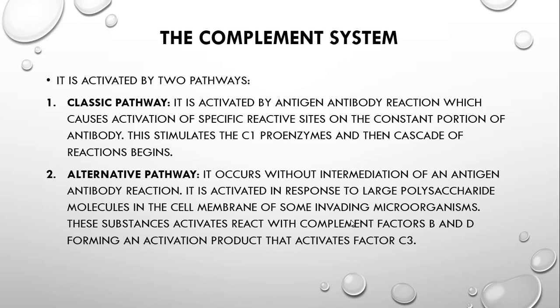The complement system can be activated by two pathways, the classic pathway and alternative pathway. The classic pathway is activated by antigen-antibody reaction, which causes activation of specific reactive sites on the constant portion of the antibody. This stimulates the C1 proenzyme and then the cascade of reaction begins. Whereas the alternative pathway occurs without the intermediation of an antigen-antibody reaction.